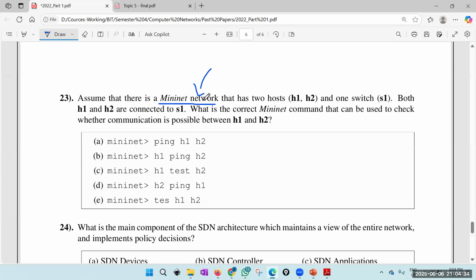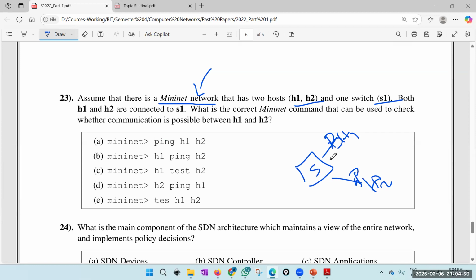So that is their tool. Okay. A Mininet network that has two hosts, H1 and H2, and one switch S1. That means H1 and H2 are connected to S1. These are computers, okay? Hosts.